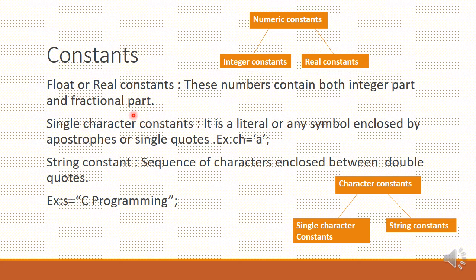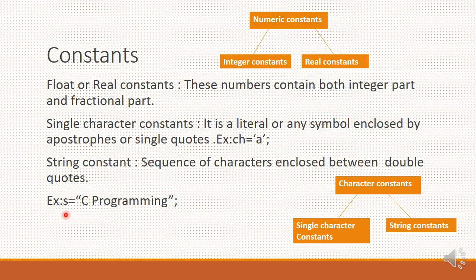You can take a small or capital letter, or if you want you can take numbers also, but that number is treated as one character. You shouldn't think that the one you have taken is the number one; it is treated as a character constant. One is a one character constant. Any number and any symbols you can take also.